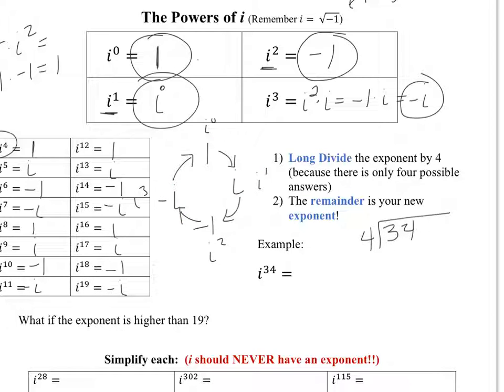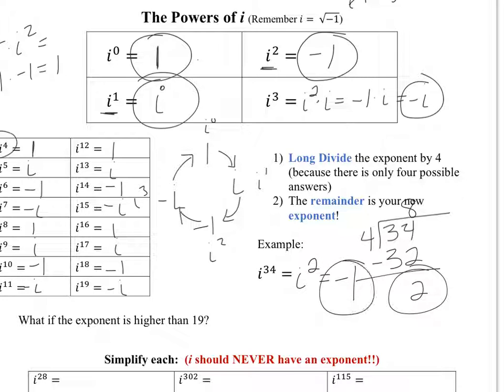Well, 4 into 34 is 8 times. I went around 8 times, but then I had to go 2 more. So this is the same as i squared, which is -1. So i to the 34th power is -1.